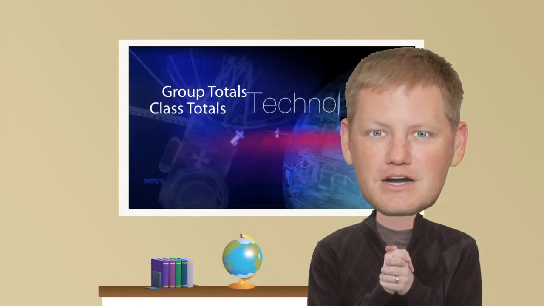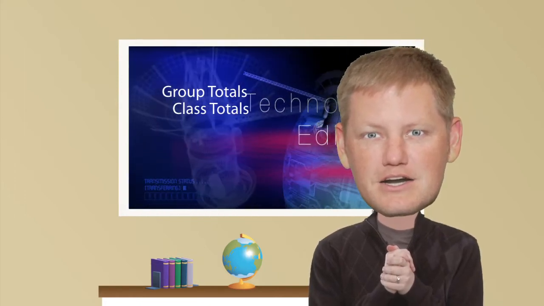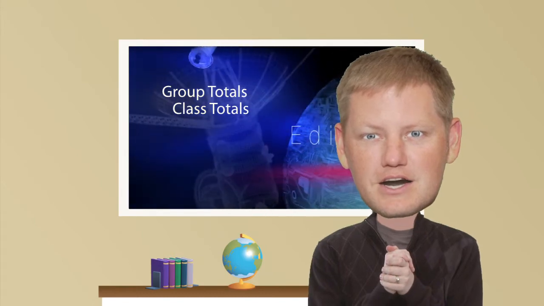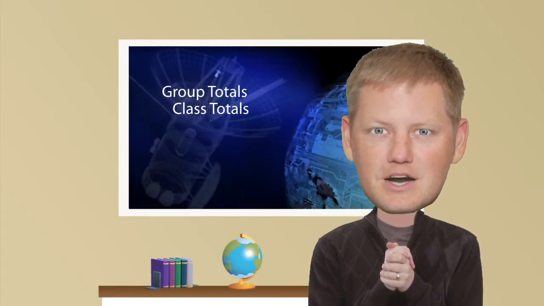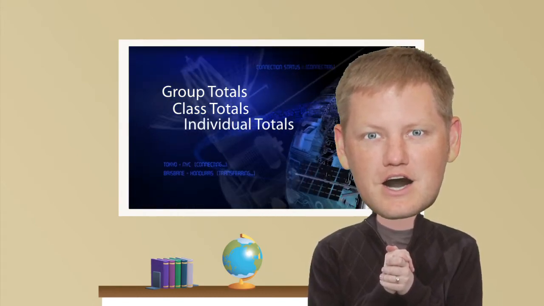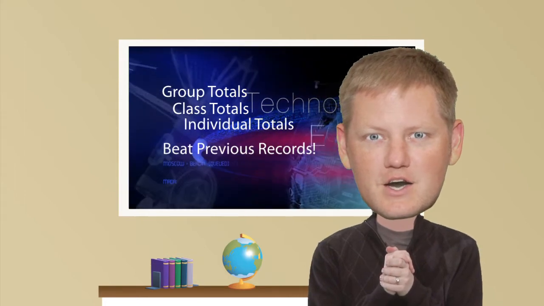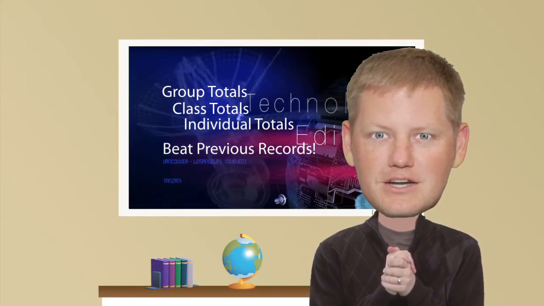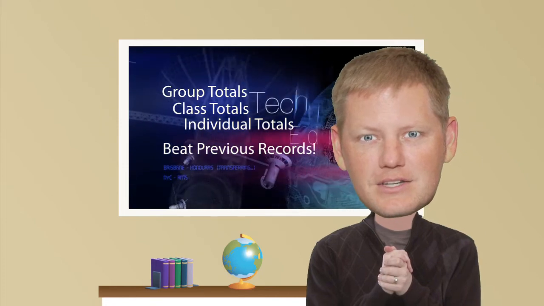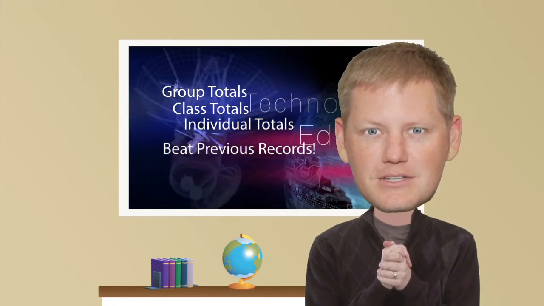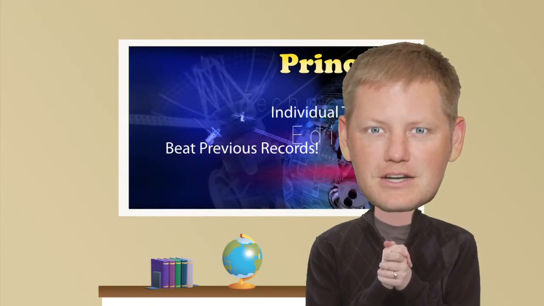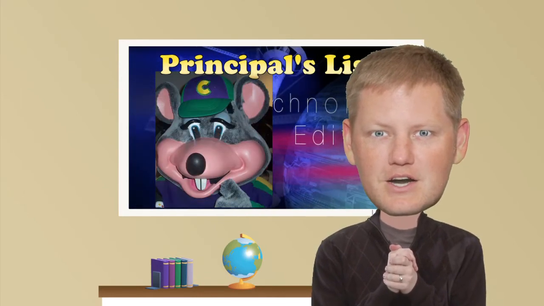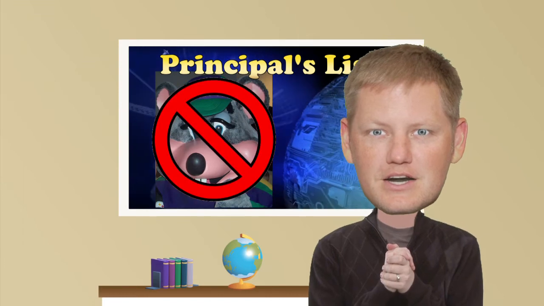I could see then adding up the whole class total, and maybe groups try to beat their group total, maybe the class tries to beat their whole class total, individuals try to beat their own individual record. So there's kind of this intrinsic motivation to do better than you did before and try to beat other groups. So the buy-in is kind of there, and it's not going to sound like Chuck E. Cheese in your classroom.